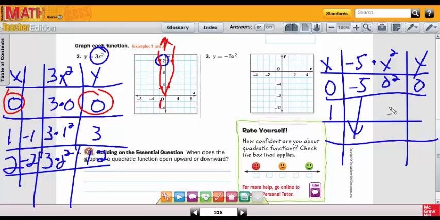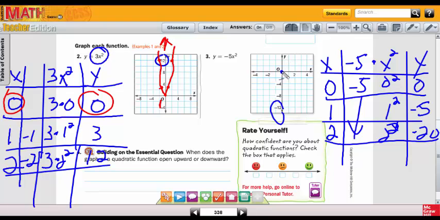Here I'm going to put in 1, so I'm going to multiply by 1 squared. So -5 times 1 is -5. Here I'm going to put in 2. So 2 squared is 4. So it's -5 times 4 is -20. And clearly we aren't going to fit any more on our scale here, so we can stop there.